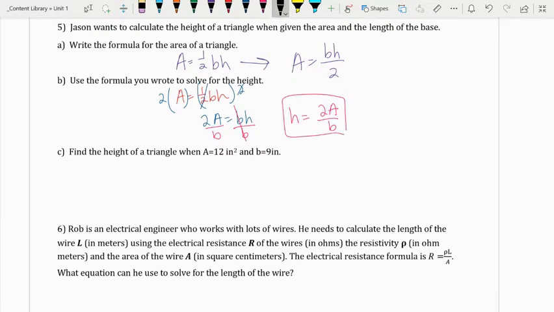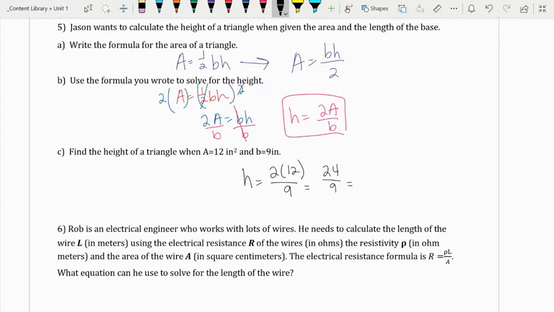Now it says find the height of a triangle when A is 12 inches squared and B is 9. So now we have 2 times 12 divided by 9. Well, 2 times 12 is 24. And this is not an integer. This ends up giving us a fraction or a decimal.